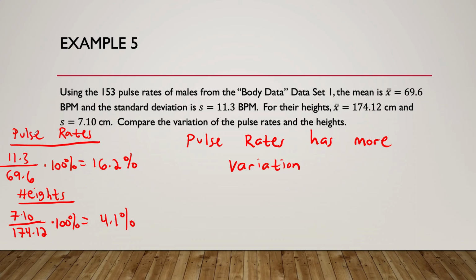For the pulse rates, we take 11.3, the standard deviation, divided by the mean 69.6 times 100%. This makes about 16.2%. For the heights, the standard deviation 7.10 divided by the mean of 174.12 times 100% makes about 4.1%. So we could see that the pulse rates have a much higher variation than the heights.